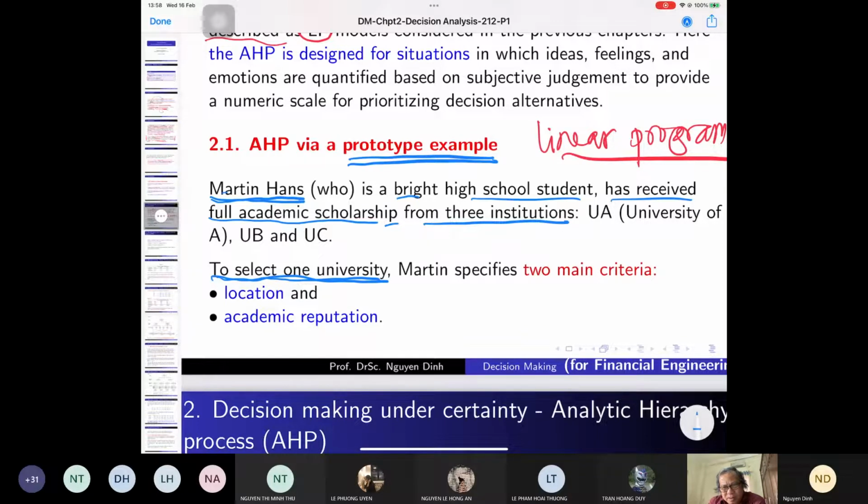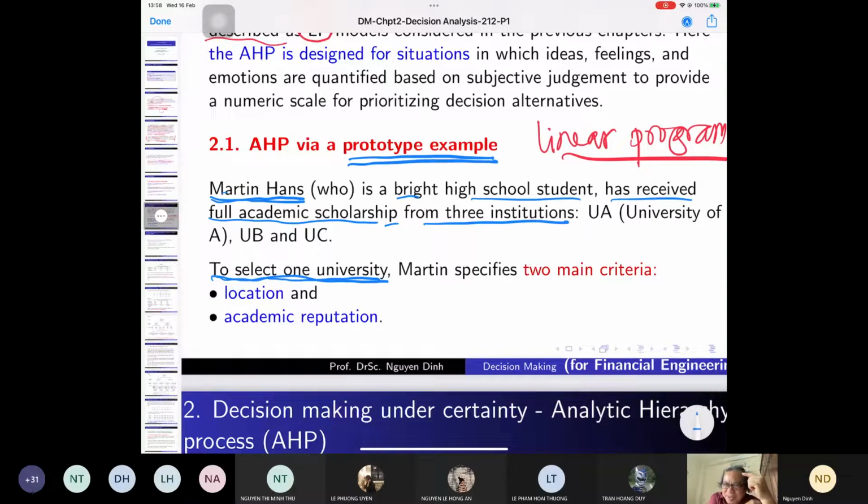You may have a permission to go to IU, permission to go to the natural science university, and maybe University of Banking or something like this. In that case, we need to choose one of the three.